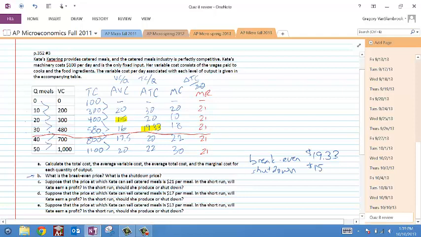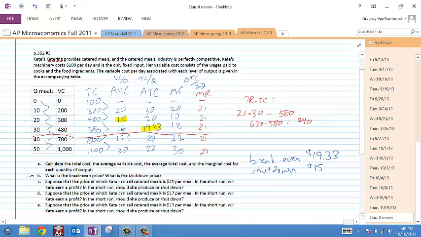So in the short run, will Kate earn a profit? Then we need to figure out, for profit, total revenue minus total cost. Total revenue is price times quantity. Price is 21 times a quantity of 30 minus total cost of 580. 21 times 30 is 620 minus 580 gives us a total profit of $40.